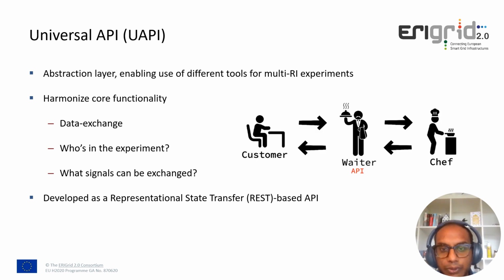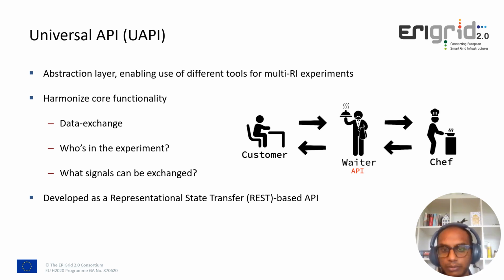And the best analogy to understand what the UAPI does is shown in the figure, an example of ordering food at a restaurant. In this case, the customer gives an order, and the waiter acts as the API, translating the request from the customer to the kitchen or the chef, who then responds back with the given order, which is translated again and delivered by the waiter, who is the API in this case, back to the customer.